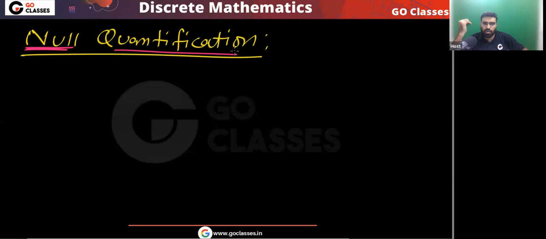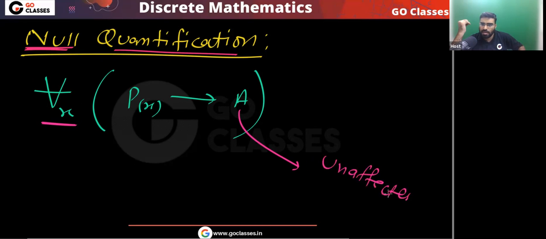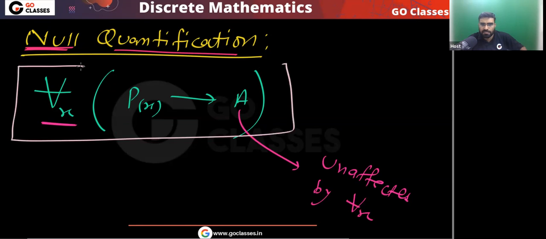For example, if I write this expression, for all x, p x implies a, where this a is completely unaffected by for all x, this type of expression will be called null quantification.